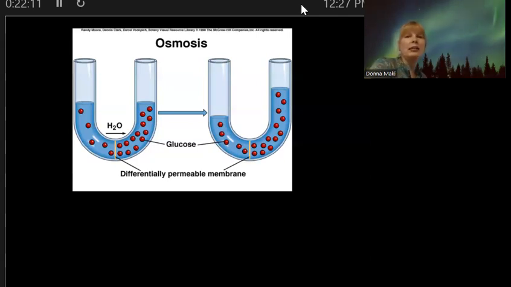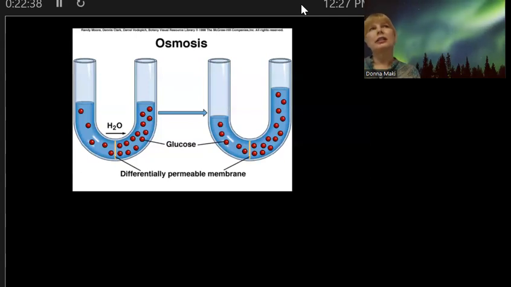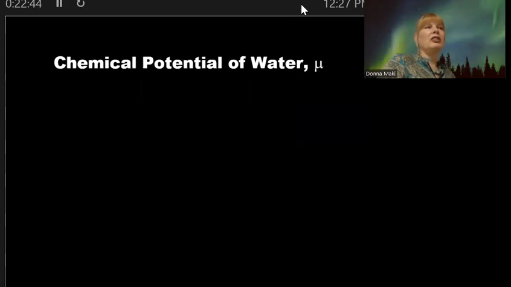So what we see is that movement of water with the dissolved minerals. In the plant's case, it wouldn't be so much glucose, it'd be all the dissolved minerals instead, okay? But that movement of water and the dissolved minerals through the xylem, to actually physically measure that, like really take actual measurements, you can do it through the chemical potential of water.